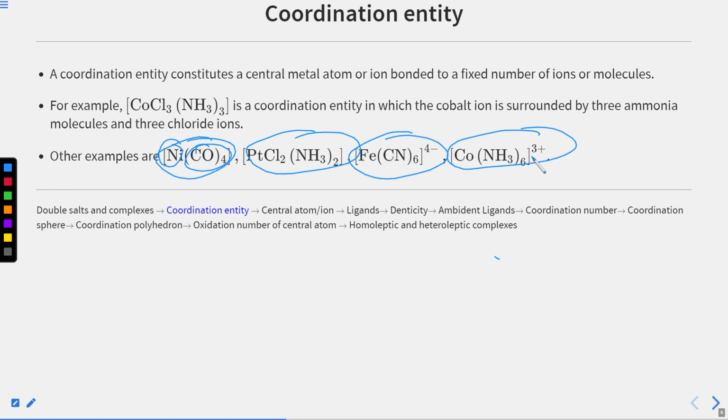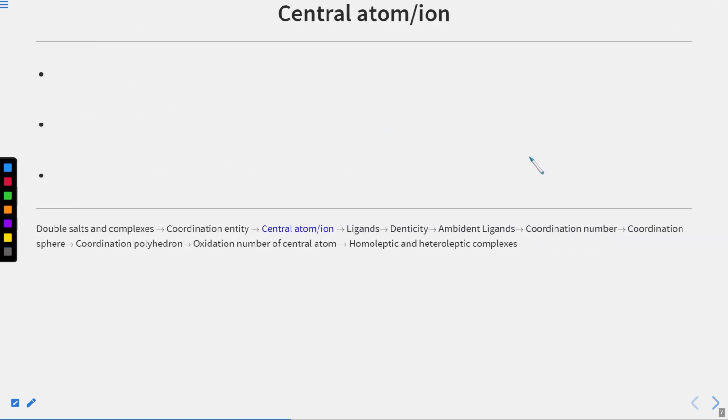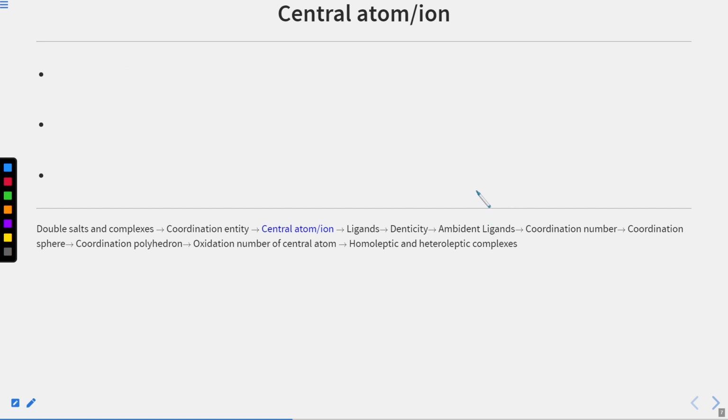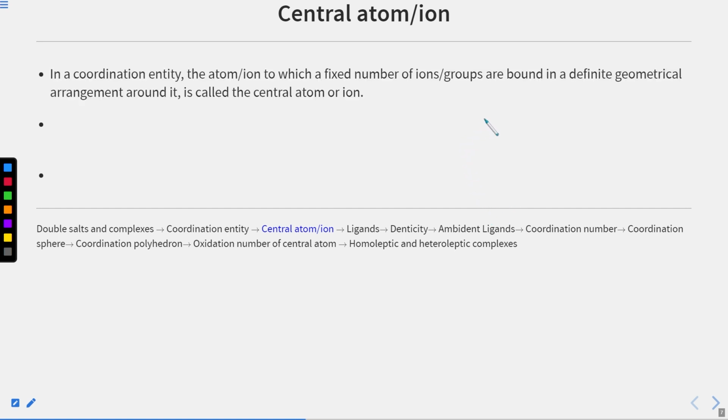What is this entity made up of? First of all, what is the central atom and ion present? If I talk about the central metal, then in different cases we will have different central metals present inside the coordination sphere. And that metal ion is bonded to ions or groups in a definite geometrical arrangement around it.